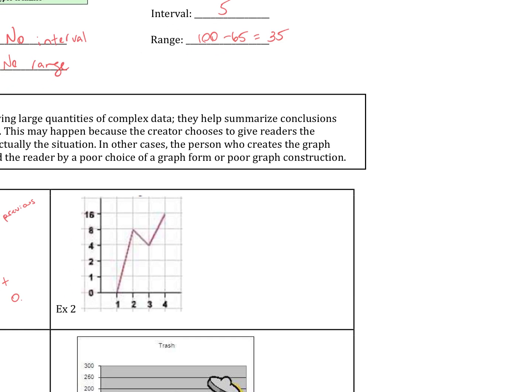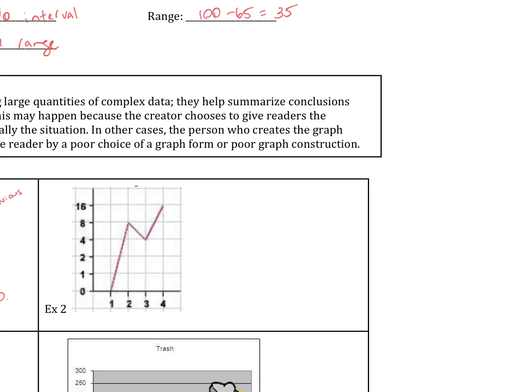So this one shows a line graph, and in analyzing it, there's no context. We're not sure what's happening here, but we can see there's a pretty steep increase here, and then it kind of slows down, right? It goes from 0 to 8 in a matter of one interval. So maybe that's 1 year, 1 month, whatever.